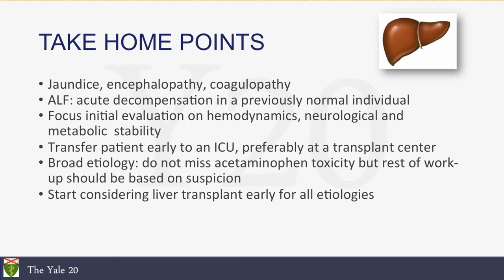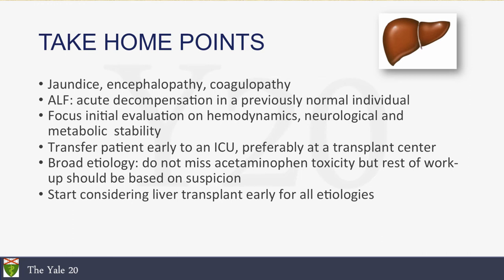ALF is defined by the onset of jaundice, encephalopathy, and coagulopathy in the past 26 weeks in patients without a history of liver disease. It is significant because these symptoms indicate an acute decline in previously normal people. All patients who exhibit abdominal symptoms with confusion should have their INR checked to rule this out.